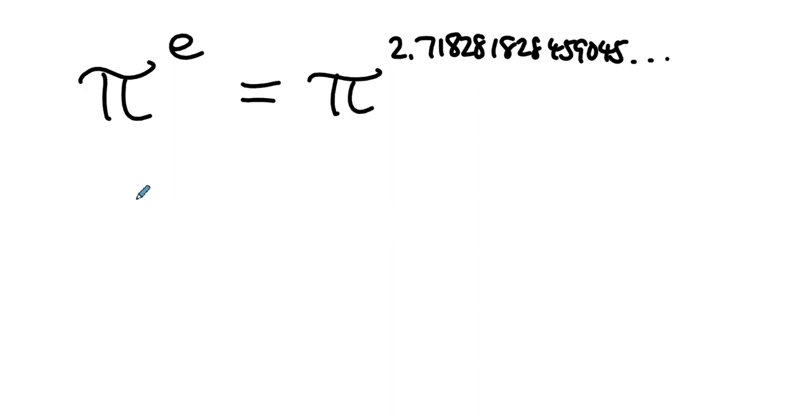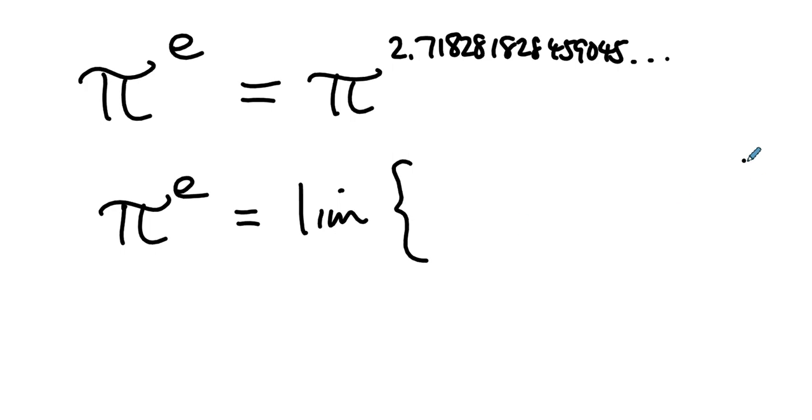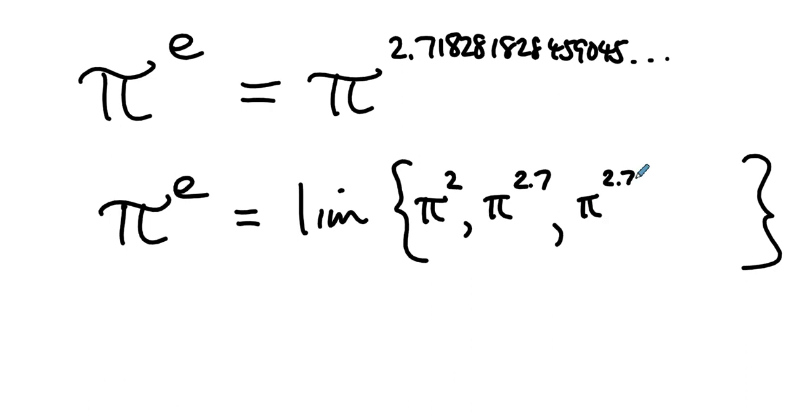So pi to the e is the limit of the sequence pi to the 2, pi to the 2.7, pi to the 2.71, and so on.